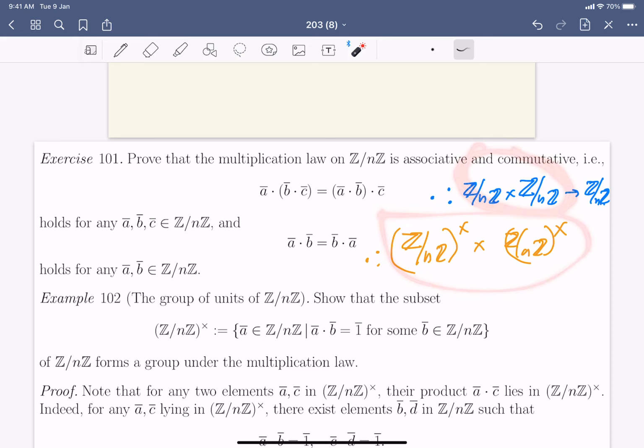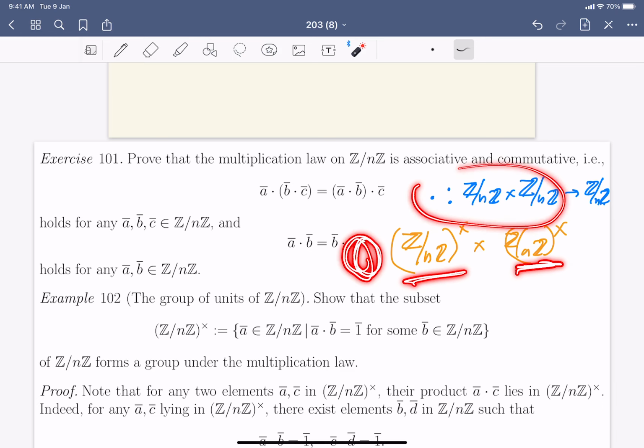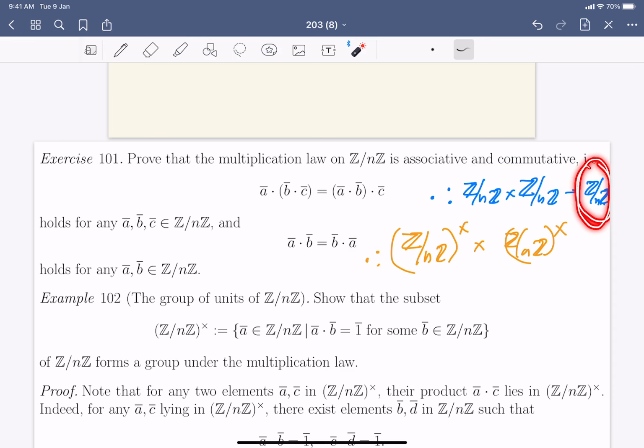Then to say that Z mod nZ cross forms a group under this, we need to make sure that the image of this restriction function lies inside the subset Z mod nZ cross of Z mod nZ. The point is that if you pick two elements from here and multiply them using this multiplication law defined above, you end up getting an element of Z mod nZ, right?